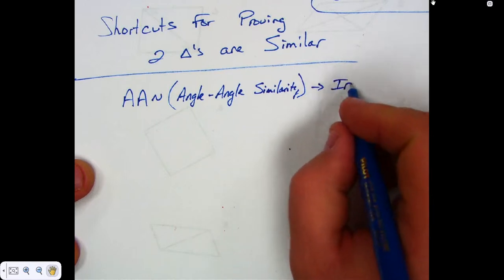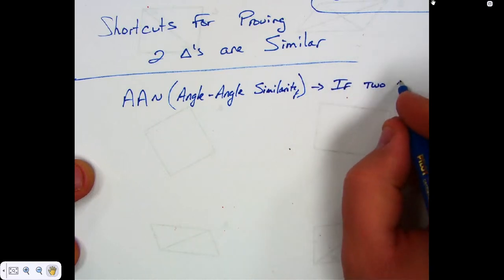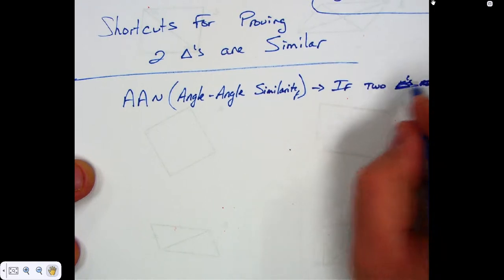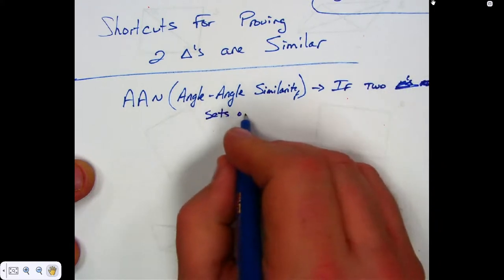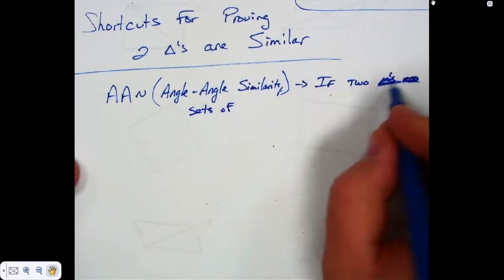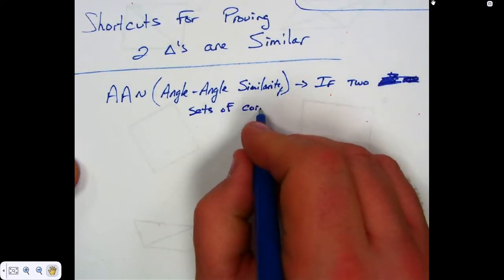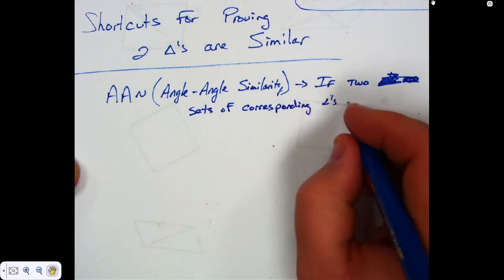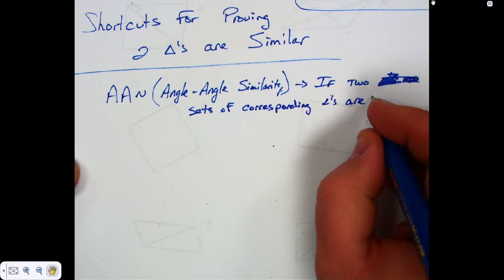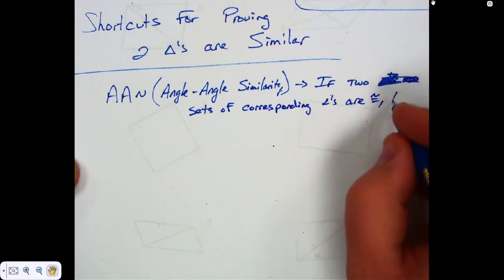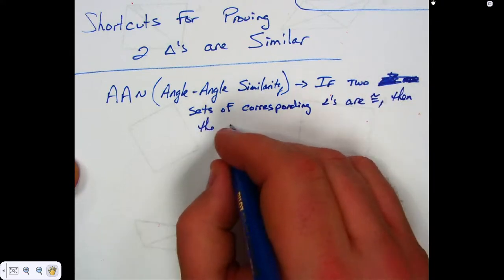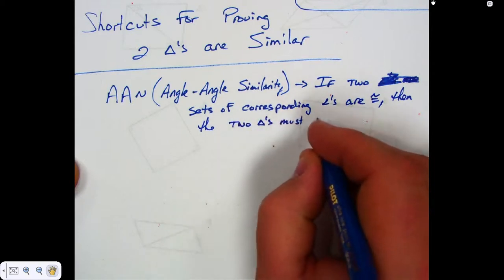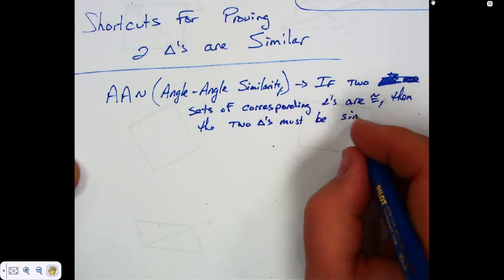It says if two sets of corresponding angles are congruent, then the two triangles must be similar.